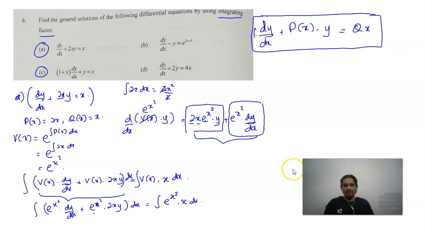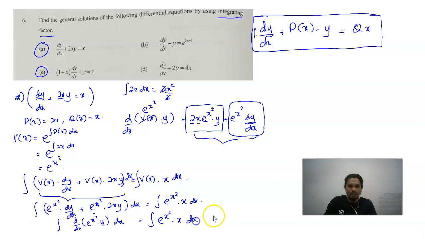Agree? So this is the integral of the derivative d/dx of e^(x squared) times y, dx, equal to the integral of e^(x squared) times x dx.